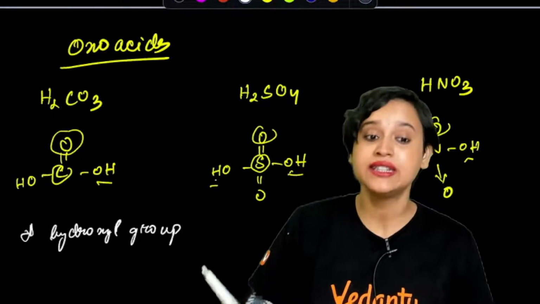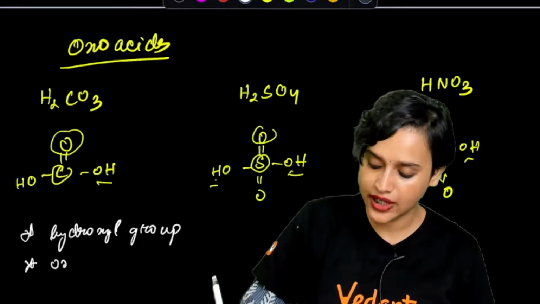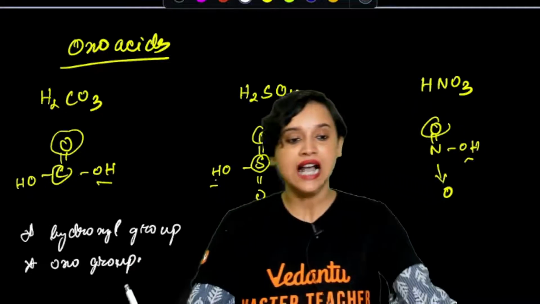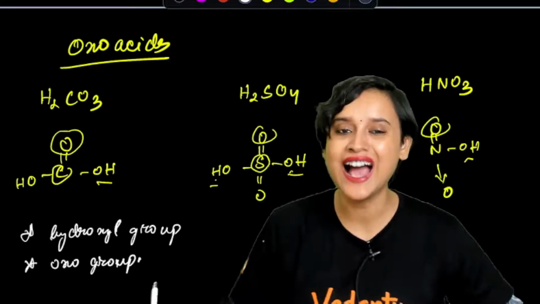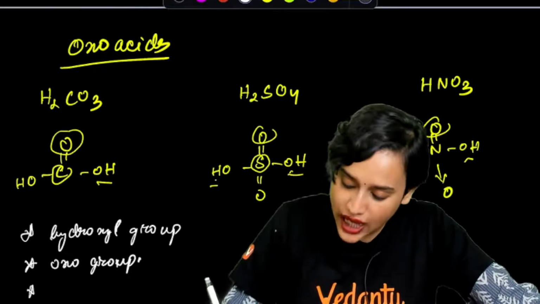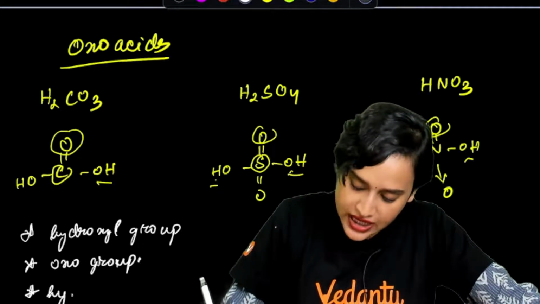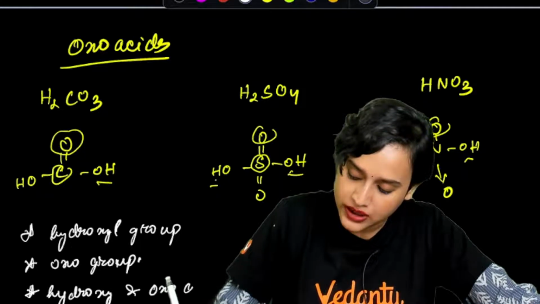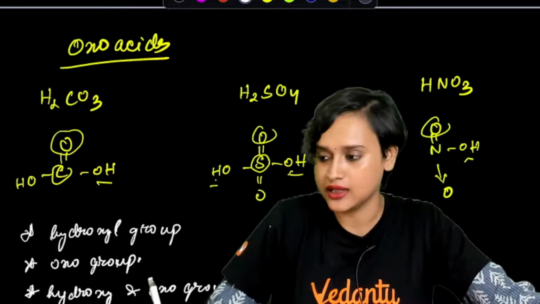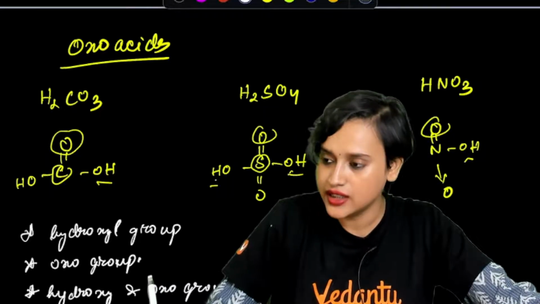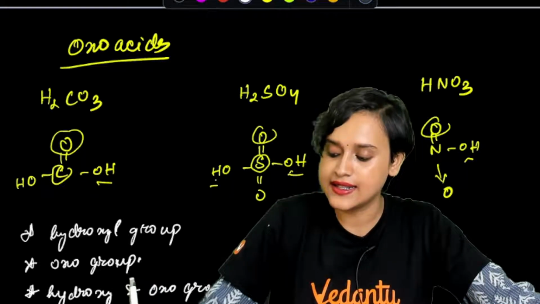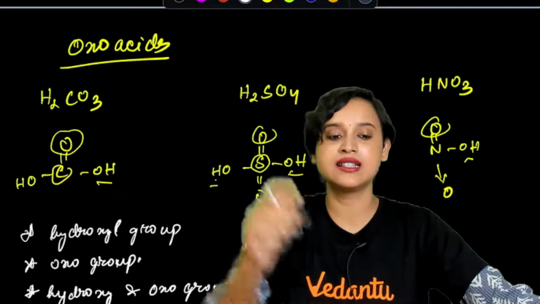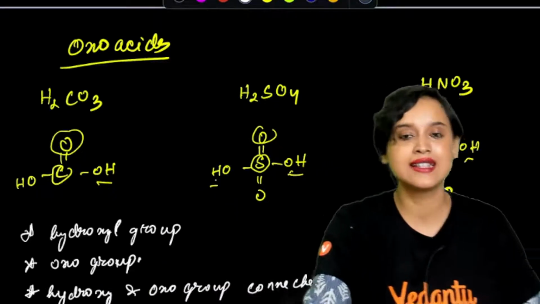Then you also have an oxo group. Am I clear? And finally, the hydroxyl group and the oxo group are connected to the same atom. This is the clear case. Alright guys, this is the clear case.